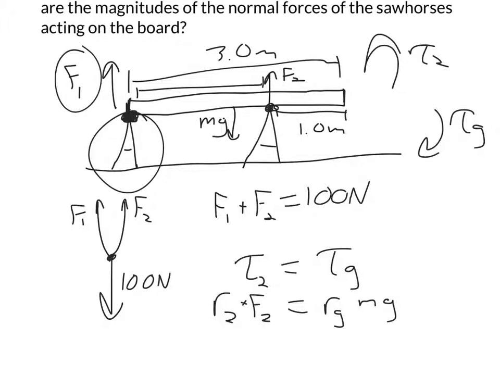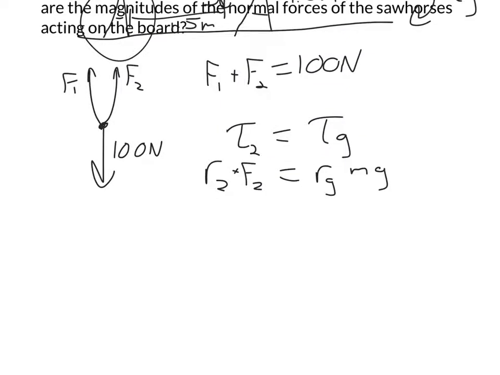All right, so let's define those. The radius of G is just 1.5 meters, because the end of the board is halfway from the center. And then radius 2, which is here, would be 3 minus 1. And I'm solving for force 2 anyhow, so it's going to look like this.